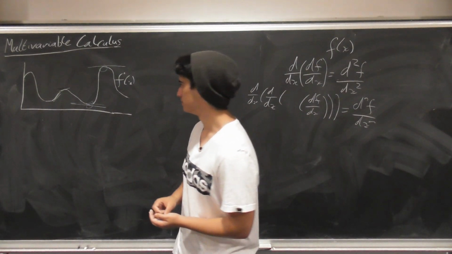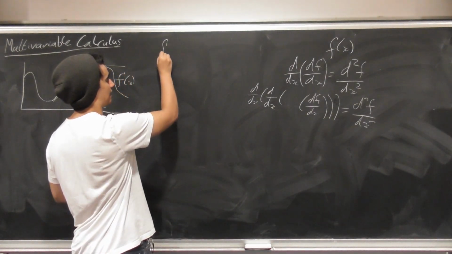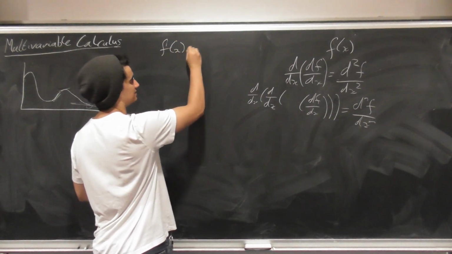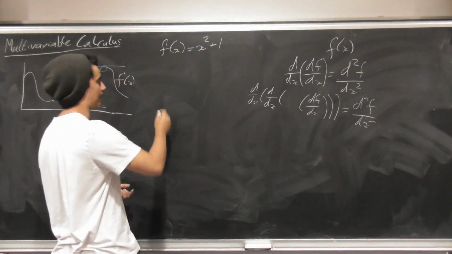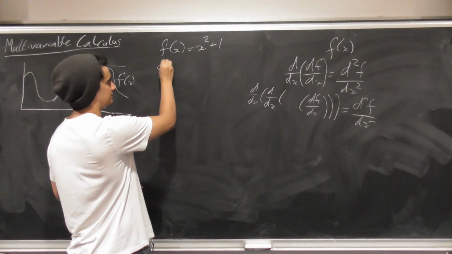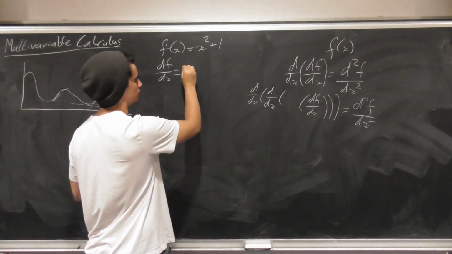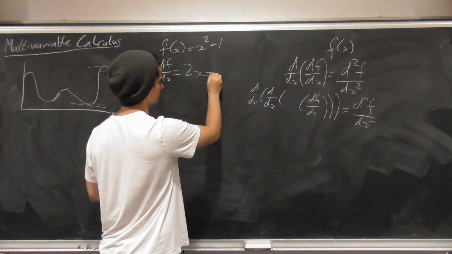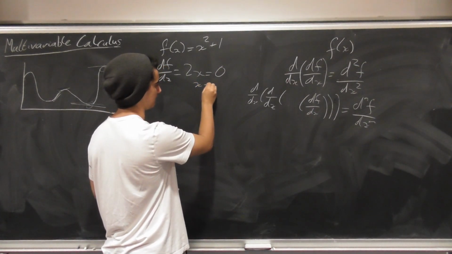So say we had a function f of x equal to x squared plus 1. Then df/dx is equal to 2x. If we let that equal 0, we find that this happens at x equals 0.